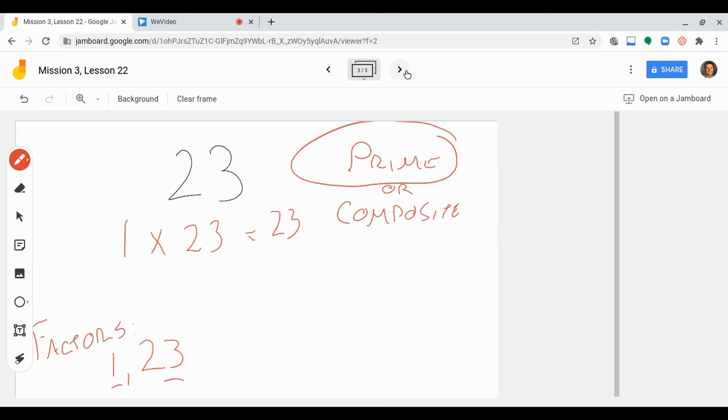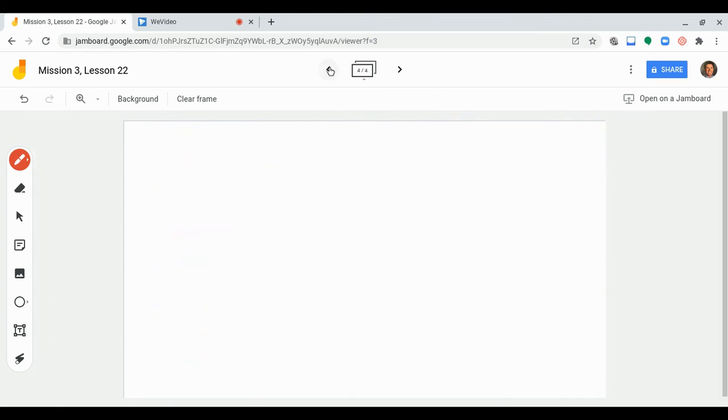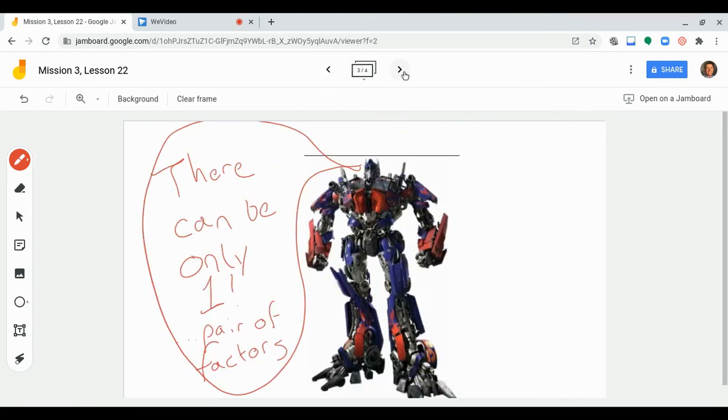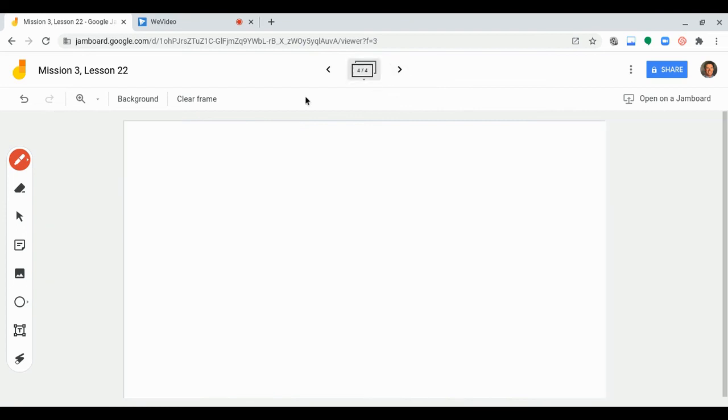Let us take a look at one more here. Hi, Optimus. Hey, guys. Remember, there can be only one pair of factors. Actually, let's take a look at one more, because I want to make sure we don't get confused on this. Some people get the tendency of thinking, well, if it's an odd number, it's a prime number.